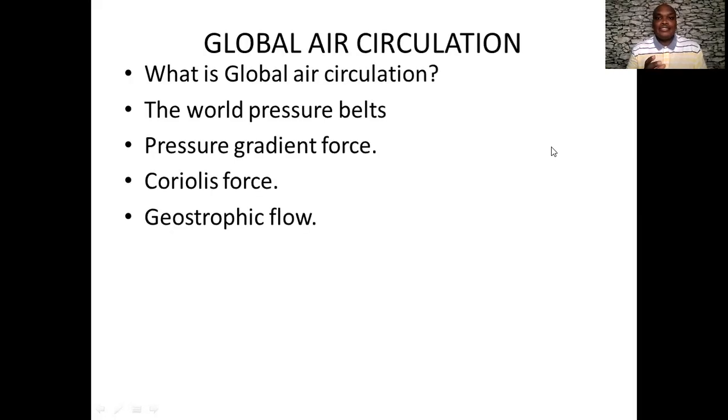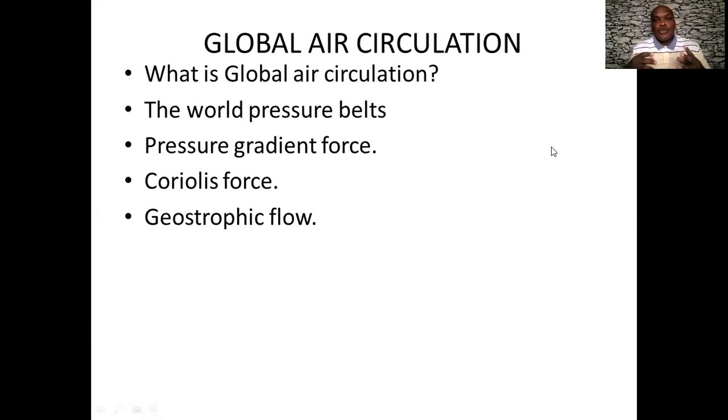Today, I want us to look at this grade 11 topic, which is global air circulation. What is it that we are going to cover in this topic? We are going to discuss in detail global air circulation. Firstly, we are going to look at what global air circulation is.